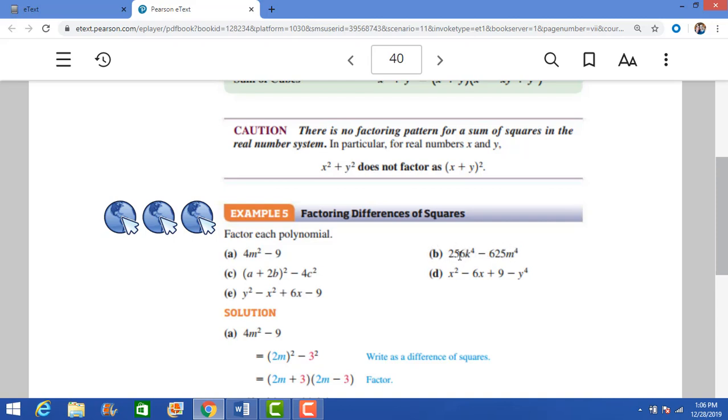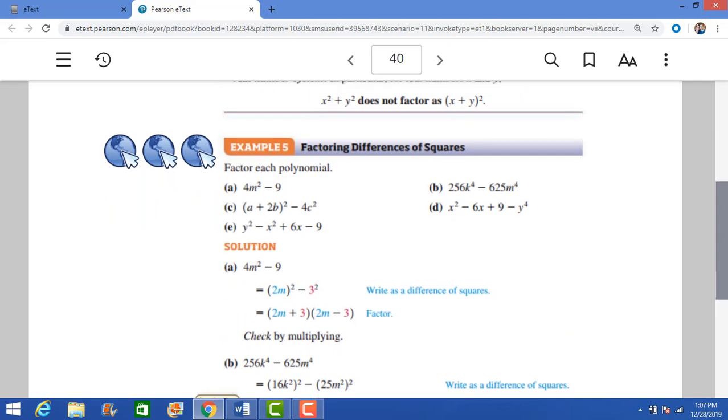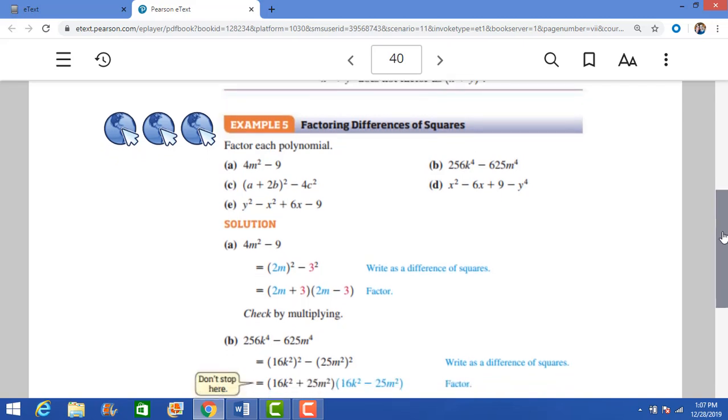This is going to be 16k squared quantity squared. This is 25m squared quantity squared. So now we can use that to write it as a difference of two squares. And lo and behold, I was correct. And now I can use that to factor it into this factored form.